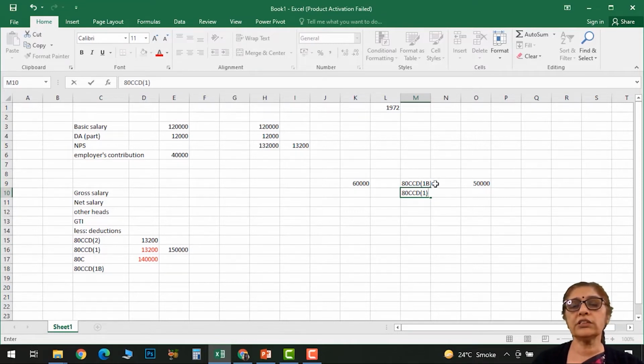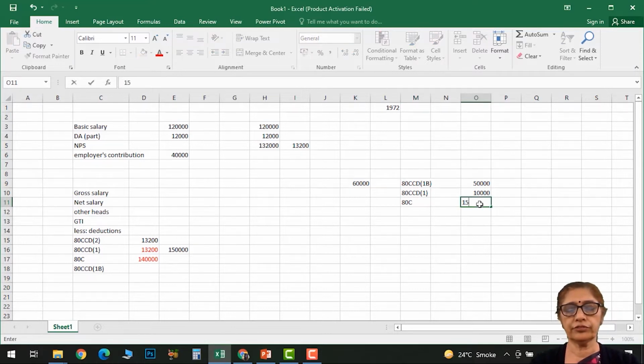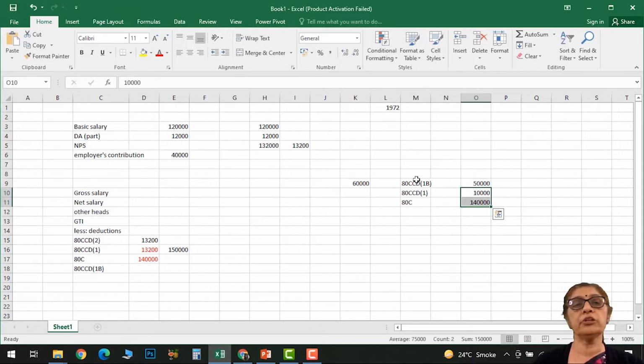So out of 60, under CCD1B you have taken 50 and then we are left with 10 more. And we have 80C. So 80C, let's say, is 1,50,000 already, or let's say it is 140. So these together shall be limited to 150, but CCD1B will be 50,000.